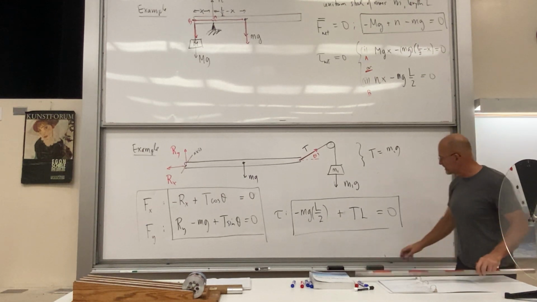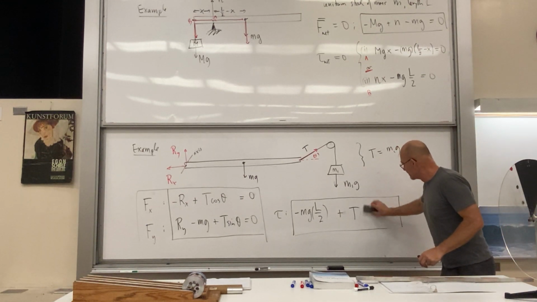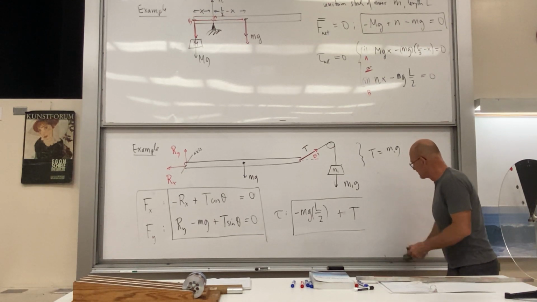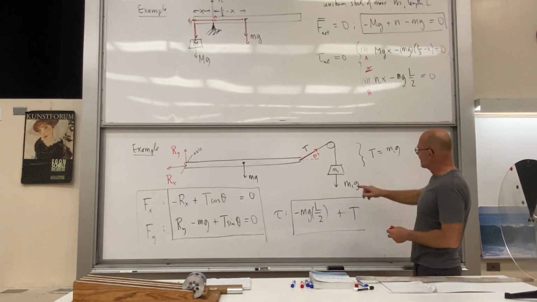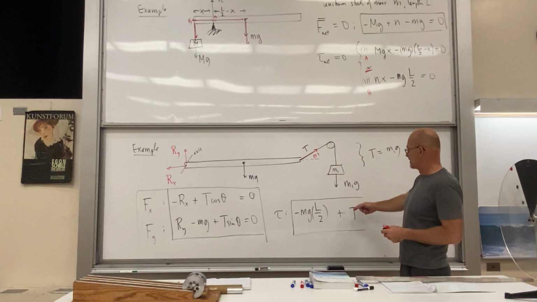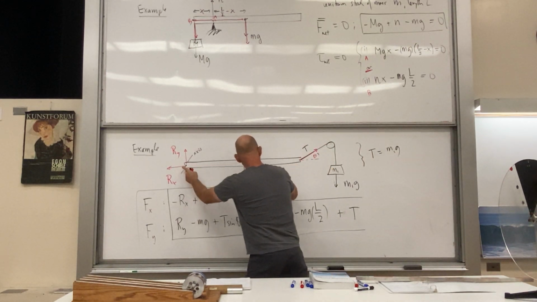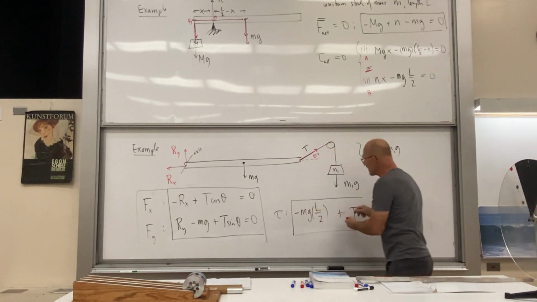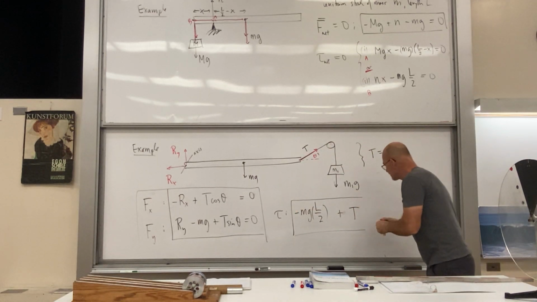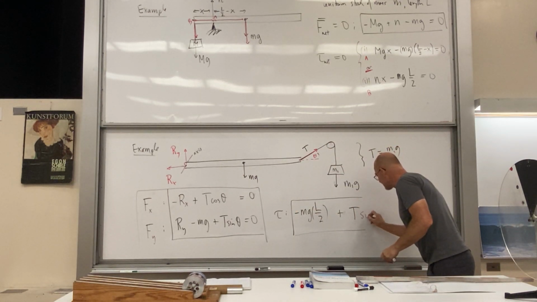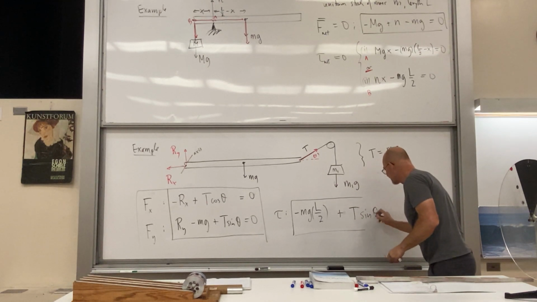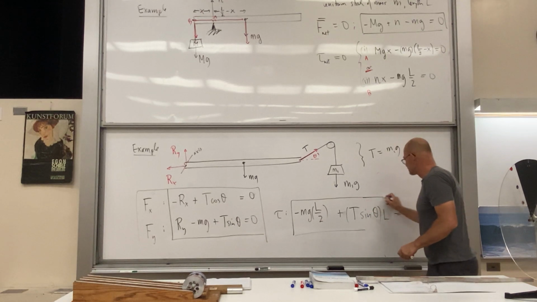Oh, here's a mistake. The torque was this lever arm L over 2 for mg. This lever arm is L, but it had T sine theta. So good to catch these mistakes, right? T sine theta times L equals 0.